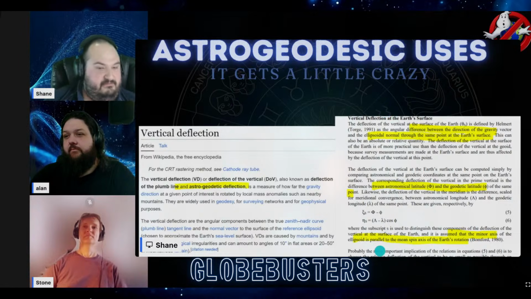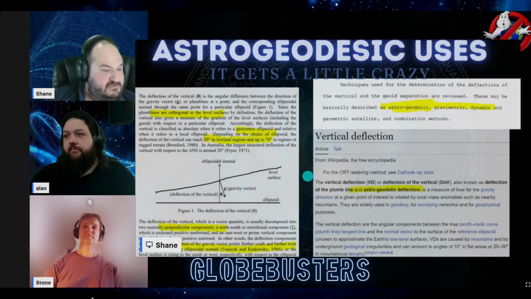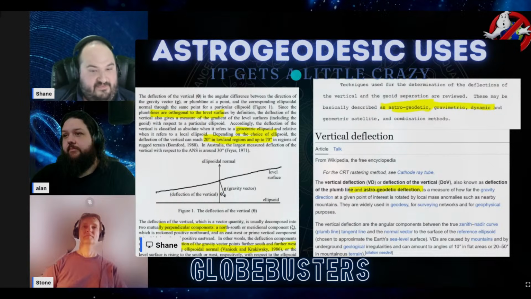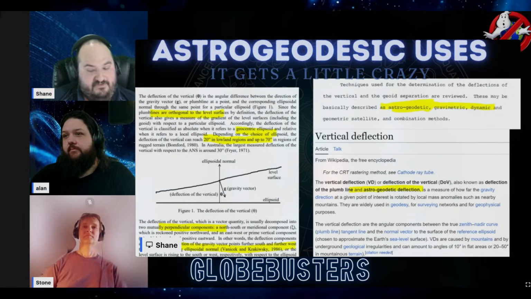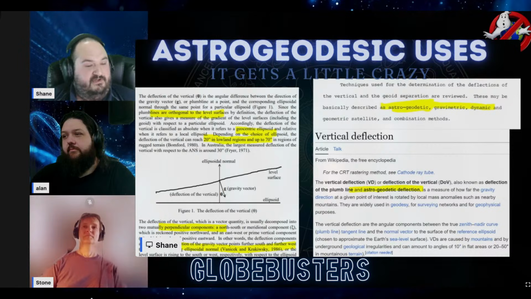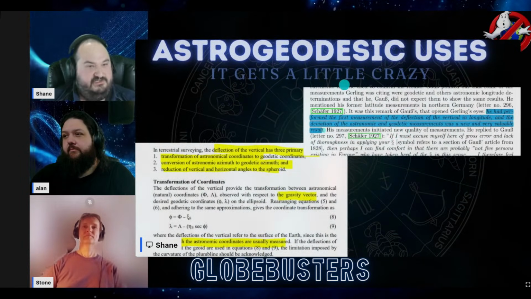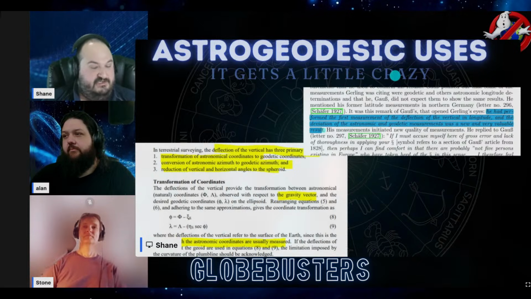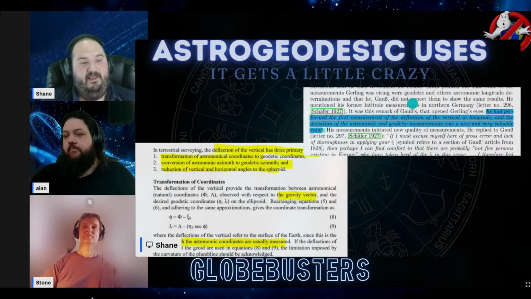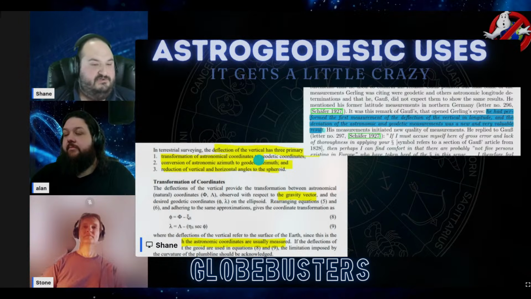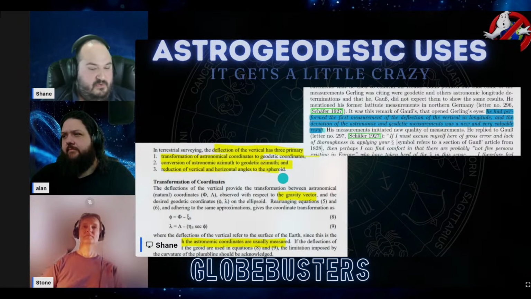They say that it's a mean difference between the astronomic latitude and the geodetic latitude, and that they take these measurements and put them into books, and that's how the deflection of the vertical gets born. It's essentially a subset of astrogeodesy, which is itself a subset of geodesy, just like gravimetry, and what they're doing is transforming astronomical coordinates into geodetic coordinates.